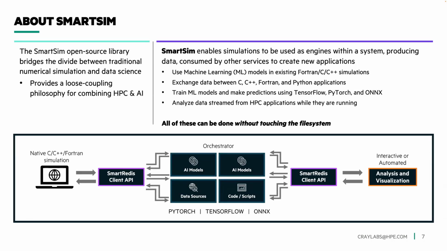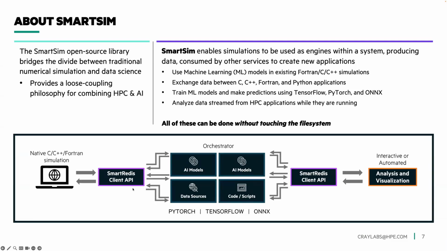What it does is provide a loose coupling of HPC and AI, but in general, loose coupling of any two applications. The idea is to enable users to create workflows based on SmartSim by spinning up what we call an orchestrator, which is an in-memory database, which can be accessed by all entities in a workflow. So simulations can put data on the database and can get data from the database.